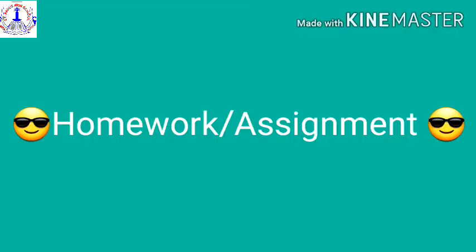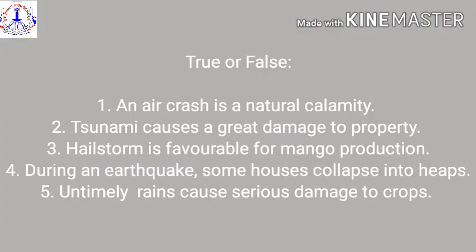Kids, as you all are indoors, having plenty of time, your teacher, that is I, is giving you some assignments based on the lesson Natural Disaster Part 1 and 2. So let's start. The first heading is State True or False. Number 1. An air crash is a natural calamity.